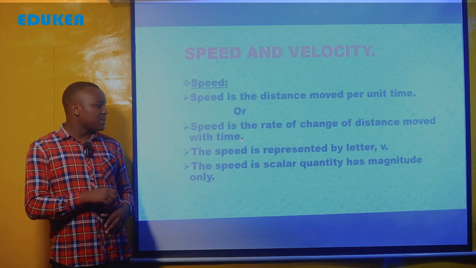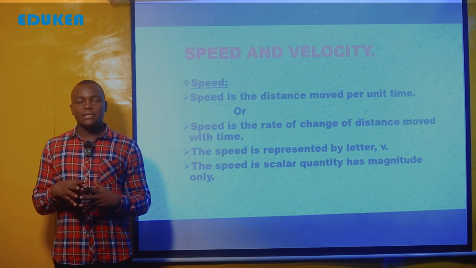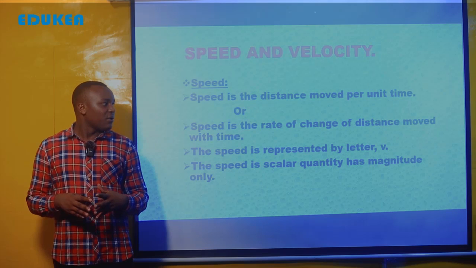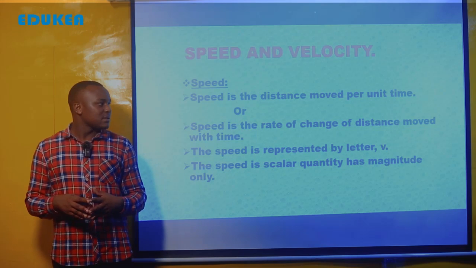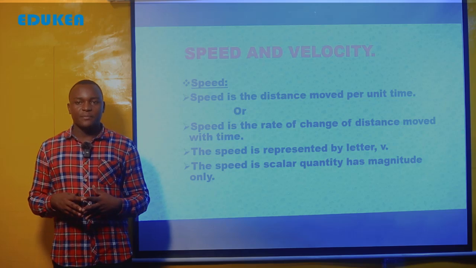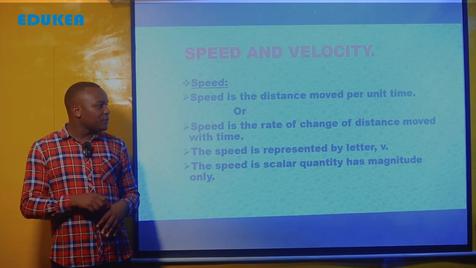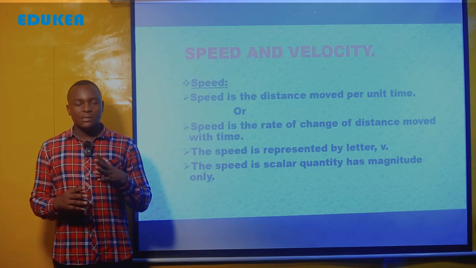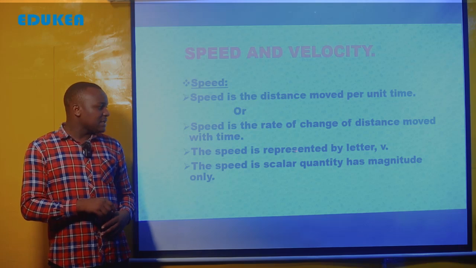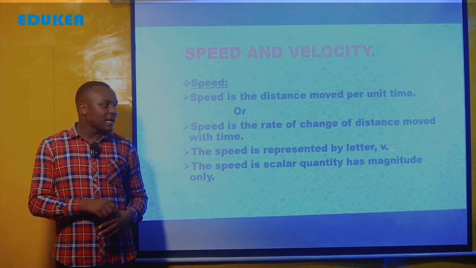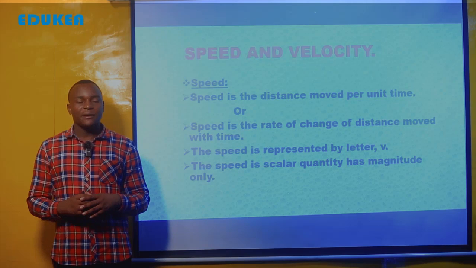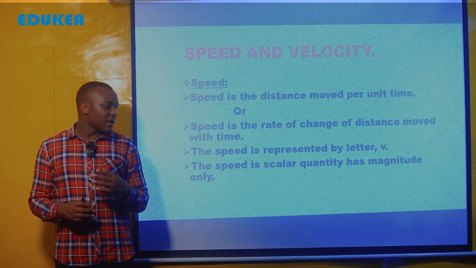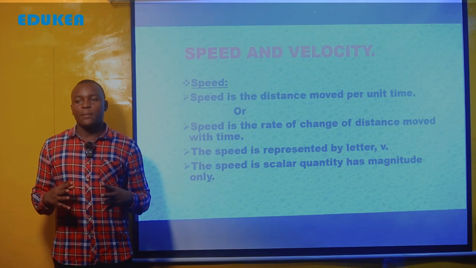Sometimes we define it as the rate of change of distance moved with time. The speed is represented by a small letter v. The speed is a scalar with magnitude only, kwamba speed yenyewe ni scalar quantity.